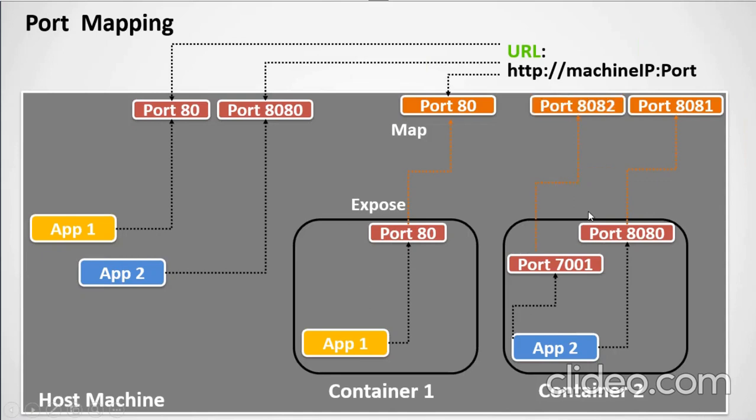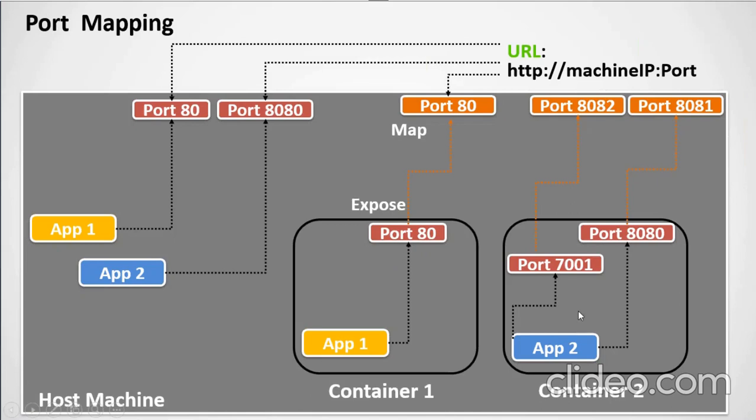So going forward, remember that if you are having a web application that you want to access, you need to first create a container in which it should be exposing the port. So what is that port? This is what we need to know while creating the container, and you can expose one or multiple ports, and corresponding to that you need to know on your host machine what ports are available and map them accordingly.